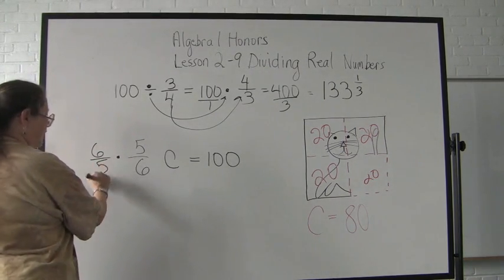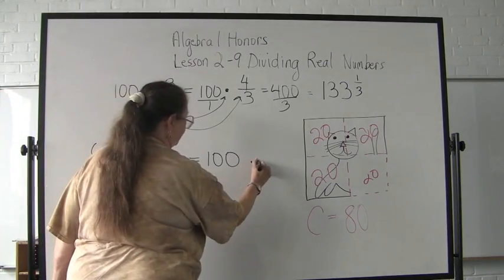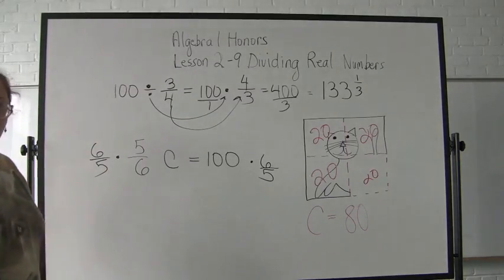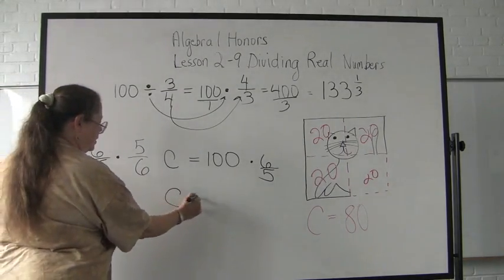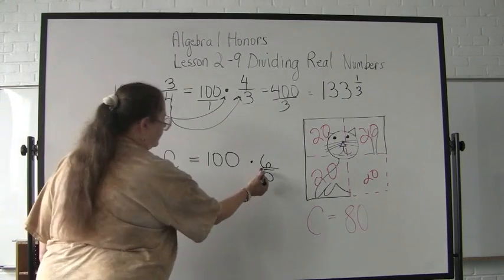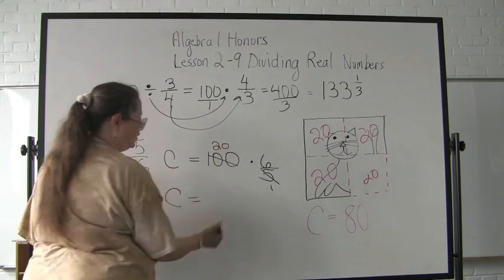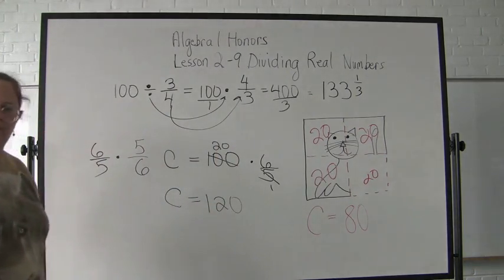So instead of dividing by a fraction, multiply by its reciprocal. And if it's an equation, you have to do that on both sides. But it makes it much simpler. Then we get C is equal to, 5 into 100 goes 20, and we get 120.